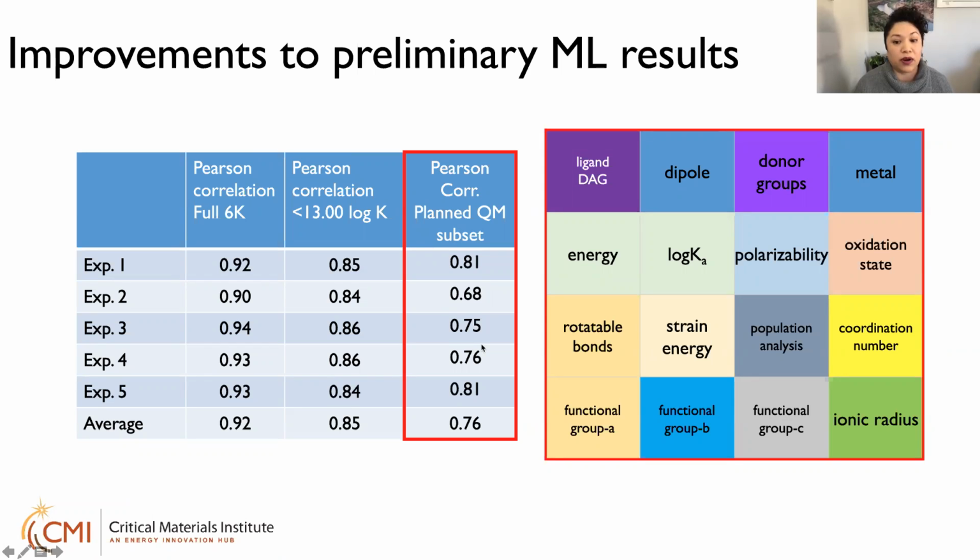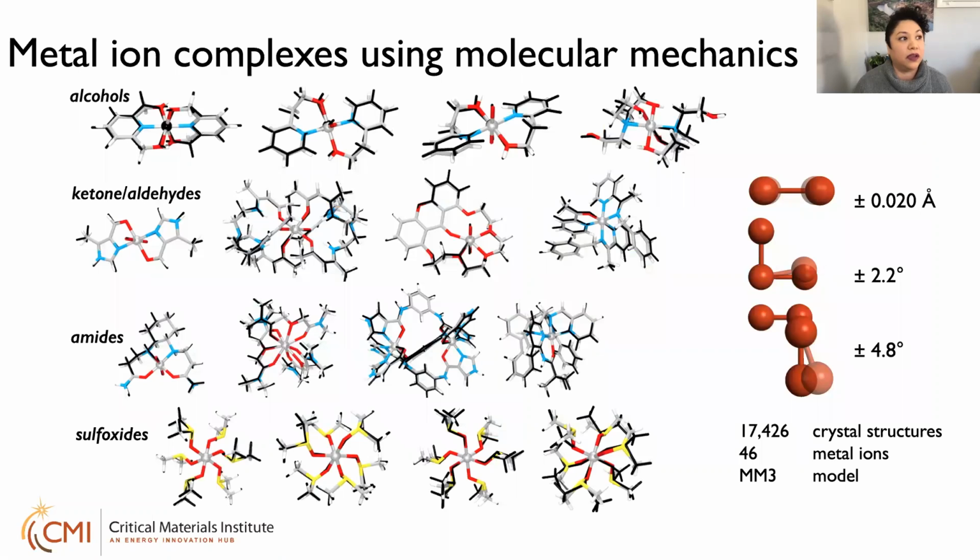Part of the research requires us to also do some method development. And I want to highlight the work of Dr. Ben Hay, who has expanded a molecular mechanics model in order to be able to construct structures that include a metal ion. Typically, molecular mechanics models don't do a great job of creating structures with a metal ion in them. And using a crystal structure database, he was able to generate the parameters for 46 different metal ions, and comparing with over 17,000 structures, he gets very good agreement, very low bond distance errors, bond angle errors, and torsion angle errors.